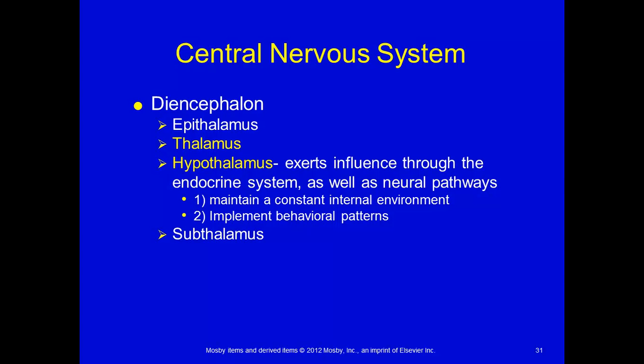The thalamus is the major relay station of sensory information. Any information that we receive from our environment comes up through our sensory system and gets housed in the thalamus, and then the thalamus relays it up into the sensory cortex of our brain. So when you think of thalamus, think relay station. The hypothalamus is responsible for maintaining our internal environment.